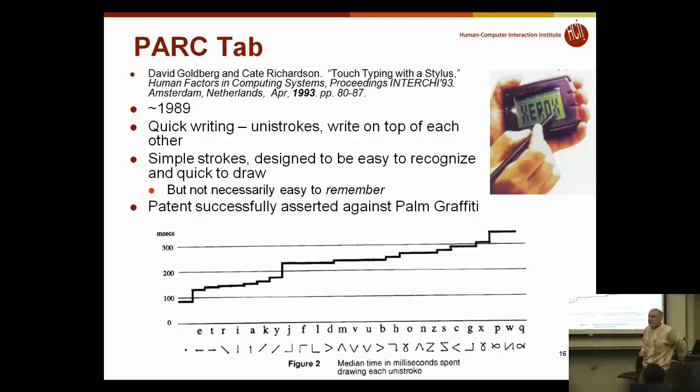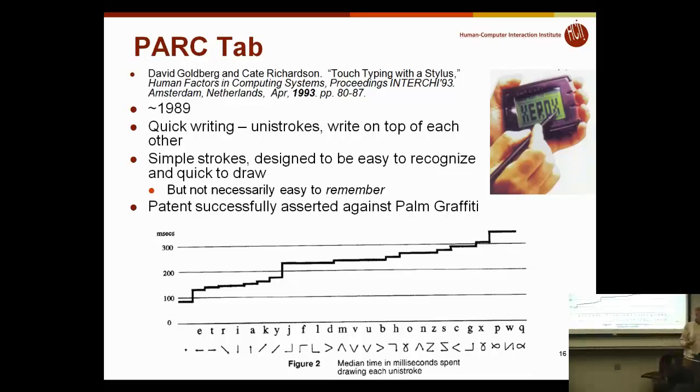That was the goal. And so the quick writing turns out to be quite fast to enter, but of course it requires a lot of time to memorize all of these strokes and which one goes with what. And so that's obviously a big challenge with this, that memorizing that E is to the left and T is to the right, it's just a lot of trouble.